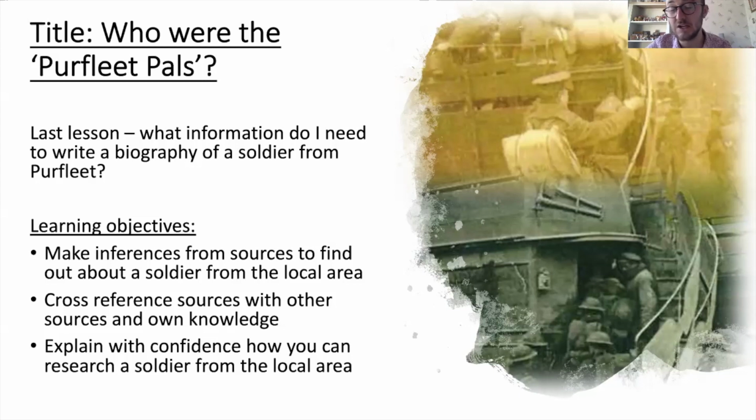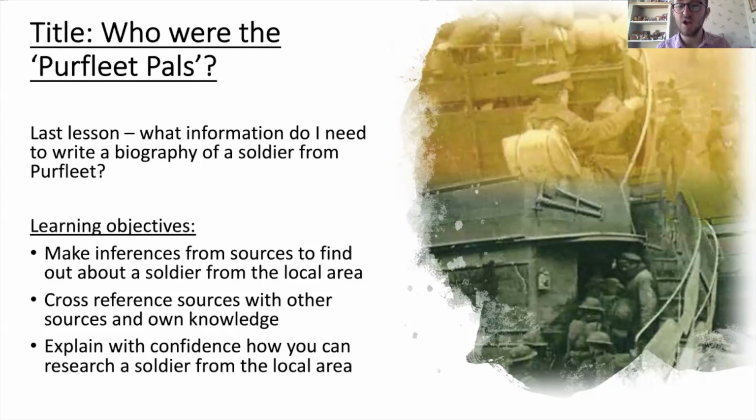And when we're particularly looking at the sources today, it's making judgments from the sources that you can see about these men when you might not have the whole picture. But using your knowledge, you're drawing out judgments from the sources. Okay, so cross-referencing, coming on to that as well, cross-referencing sources with other sources and own knowledge.